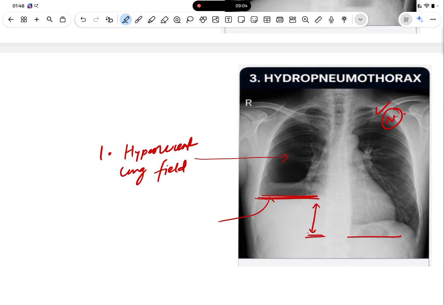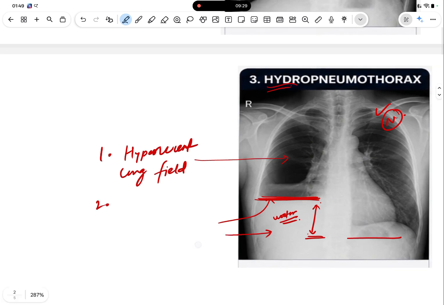So it is clear that there is water in the pleural space. We can clearly see that there is homogeneous opacity and a clear-cut level, which we call the air fluid level.